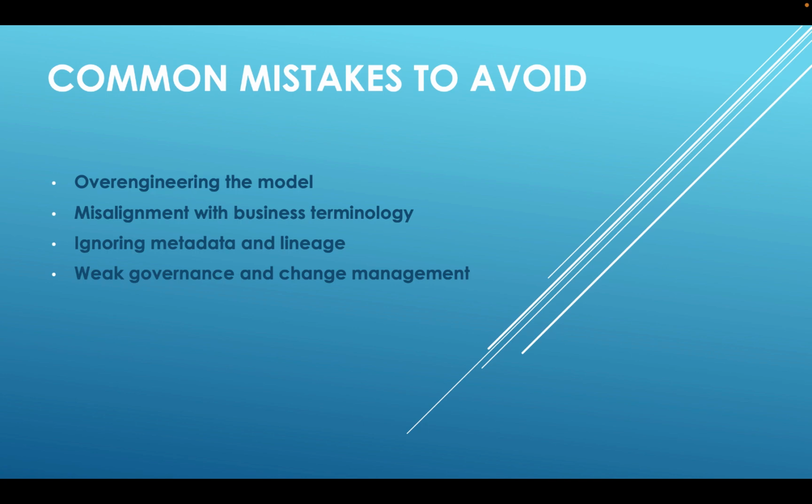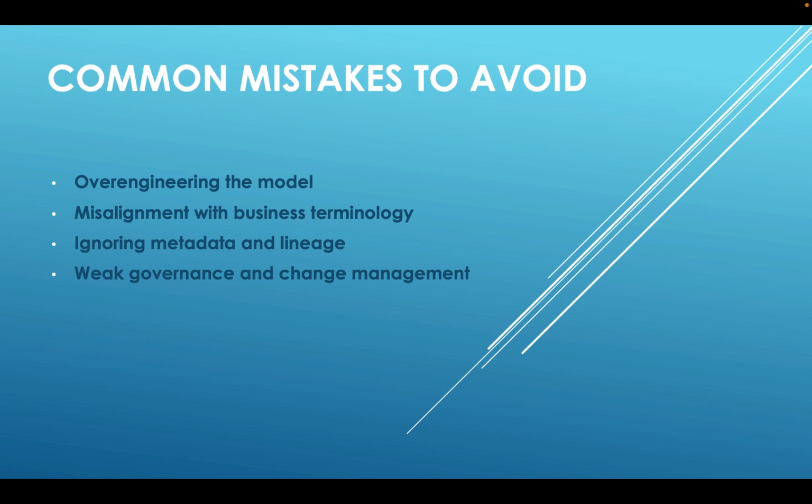So what are the common mistakes we must avoid? Sometimes we do over-engineering. This is a very common mistake. Many architects try to make the canonical model represent every possible field from every system, and it quickly becomes bloated and unusable.